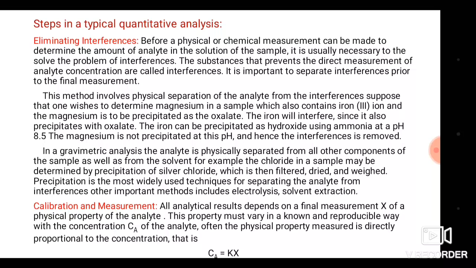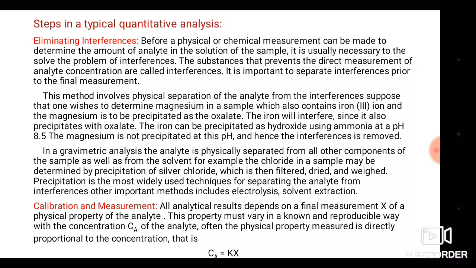For example, if an ore contains magnesium and iron, and you are going to analyze the magnesium, you can remove the interference by precipitation. If you treat the solution of that ore with oxalate under simple conditions, then the iron also precipitates, and magnesium also precipitates as oxalate.